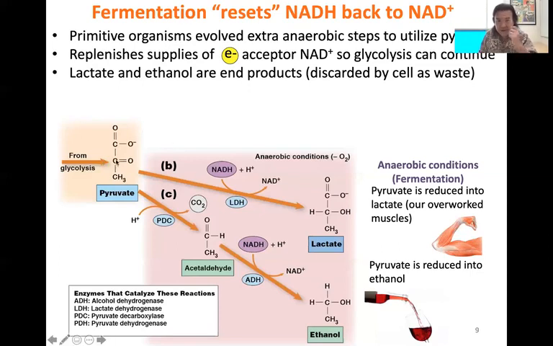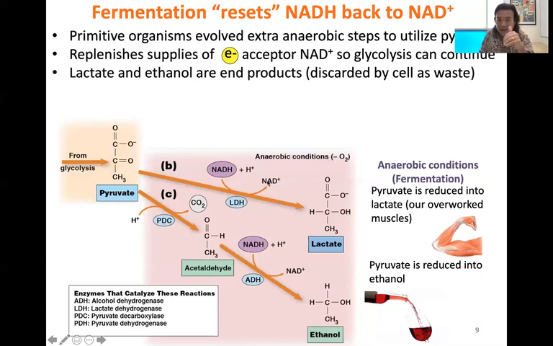So let's look at this here. Here's pyruvate from glycolysis, right? So early microbes evolved this enzyme, which is lactate dehydrogenase. And what it does is here comes one of those filled electron baskets, an NADH, right? This enzyme, the LDH, the lactate dehydrogenase, can take the electrons off the basket.